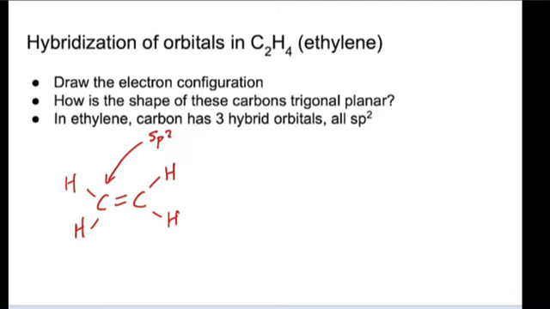It turns out it is sp2 hybridized. If we were to write out the valence electrons in an electron configuration diagram, again, we would have 2 electrons in the 2s, and we would have 2 electrons in the 2p.